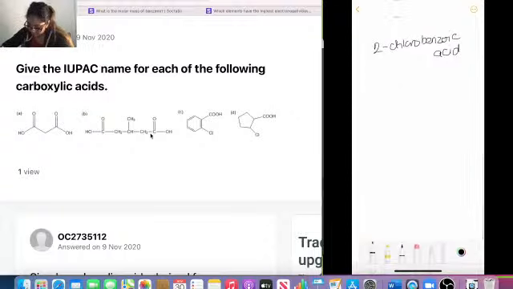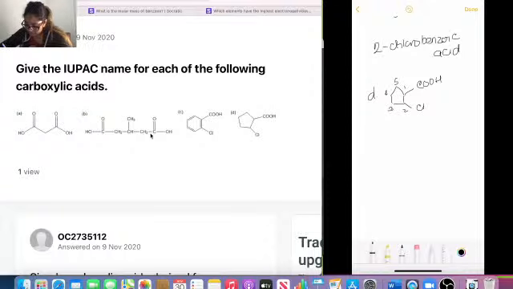And now, lastly, we have a pentene ring, a 5-carbon ring. We have a carboxylic group. Again, this is our first carbon, 2nd, 3rd, 4th, 5th, and our parent chain would be pentane.